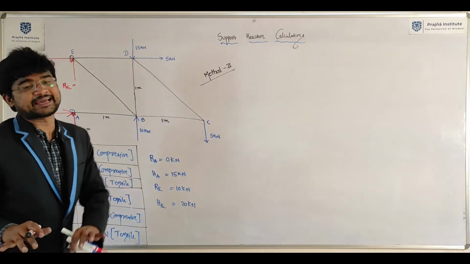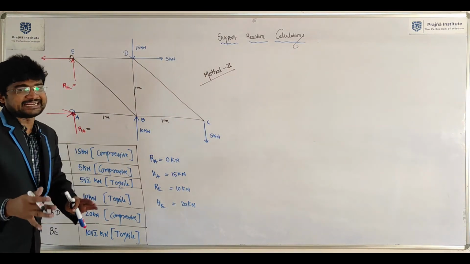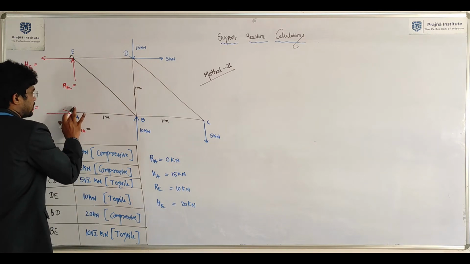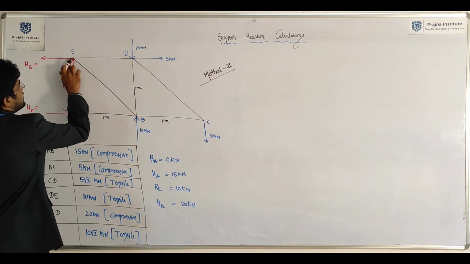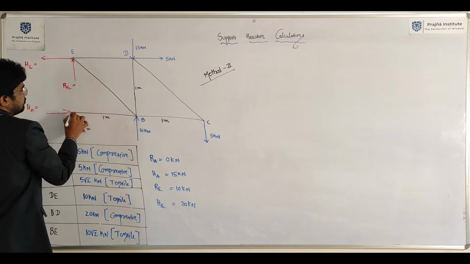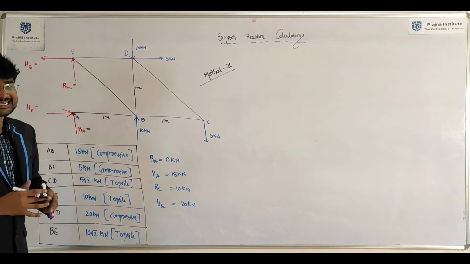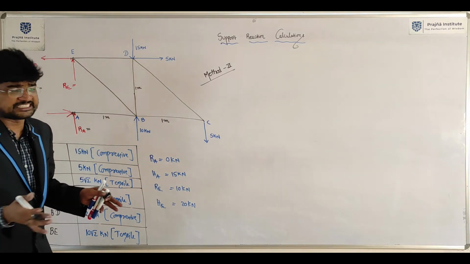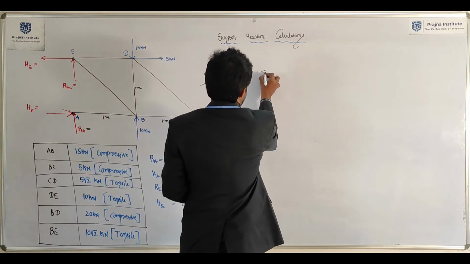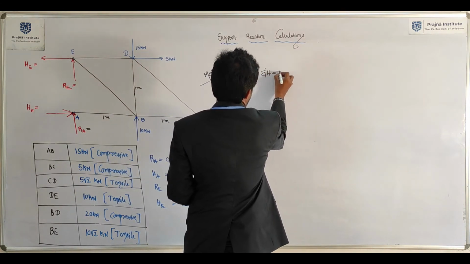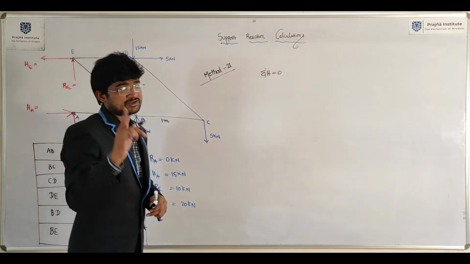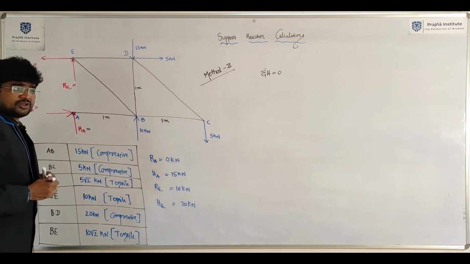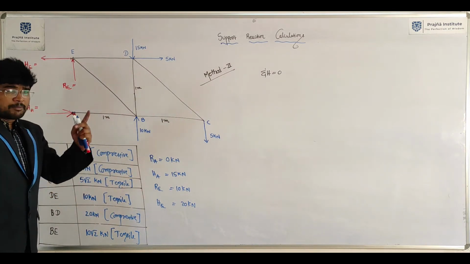Draw the free body diagram for the complete cantilever truss. This is the free body diagram. Just apply equilibrium equations. Sigma H equals 0. Here, observe one thing, just common sense.